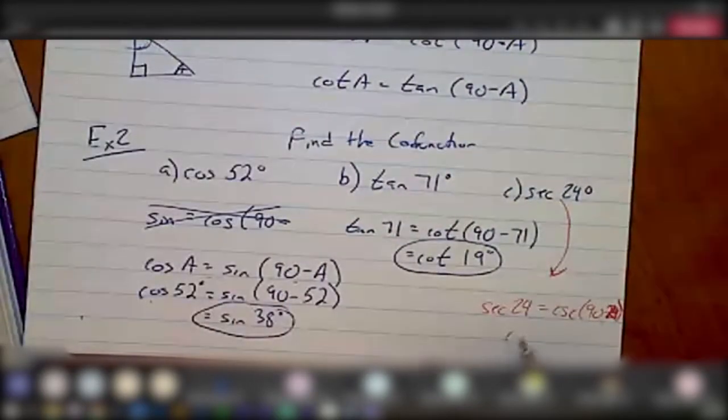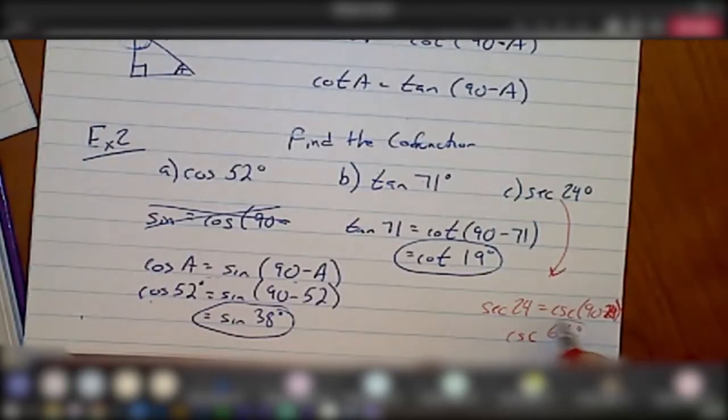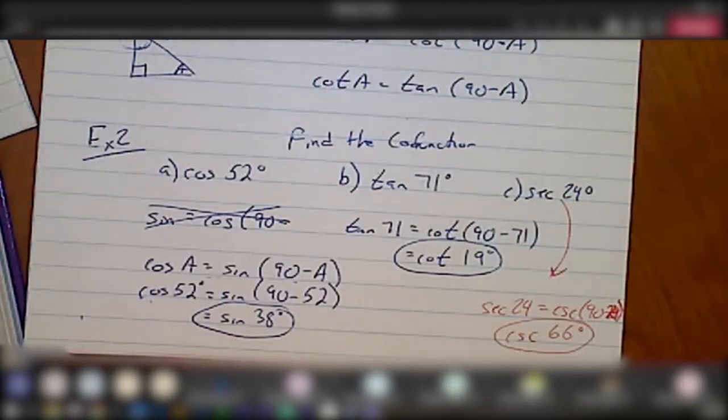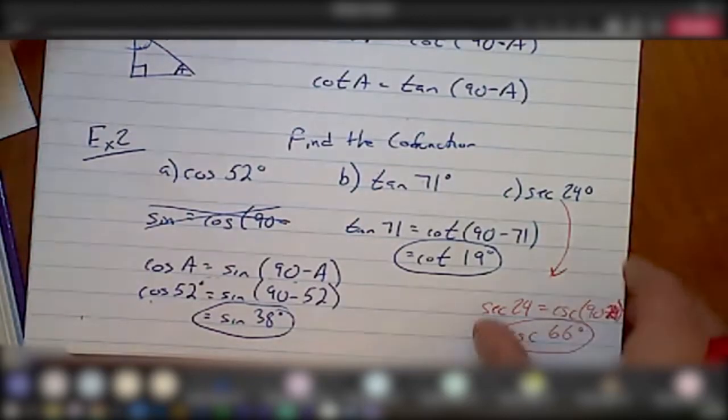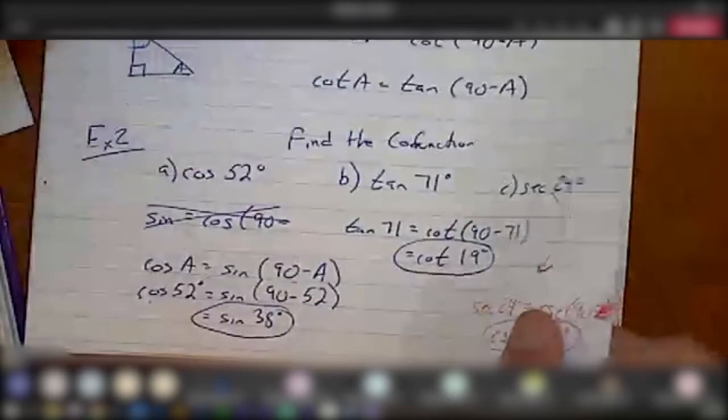So I get an answer of cosecant of 90 minus 24, which is 66 degrees. Questions, issues, concerns? All right. Example 3.